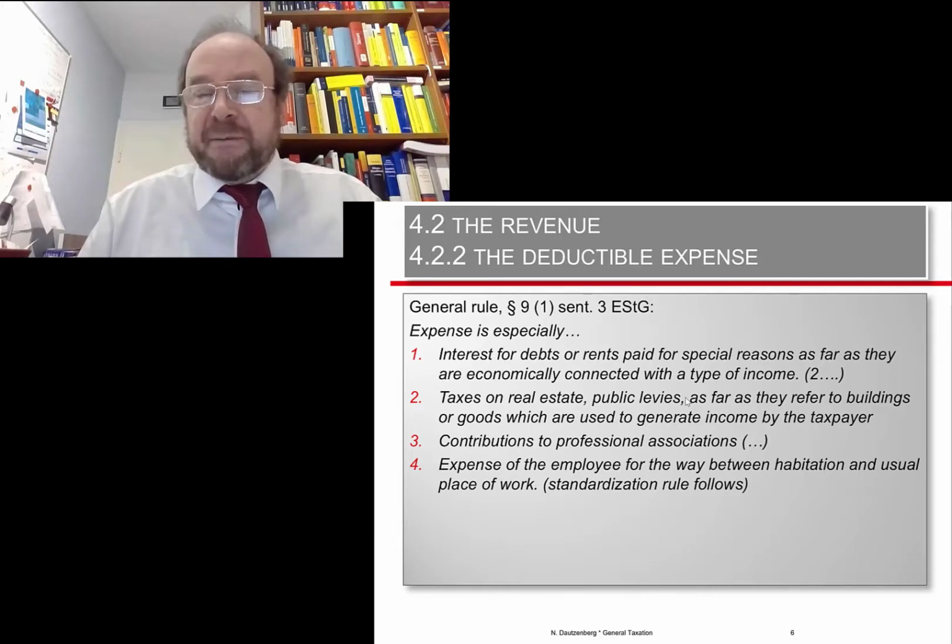Contributions to professional associations. As a worker, you might become the member of a trade union. There you pay membership fees. That is done exclusively because you have the intention to obtain professional advantages from the membership in the trade union.